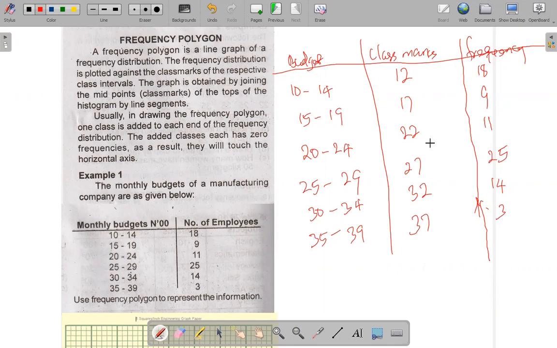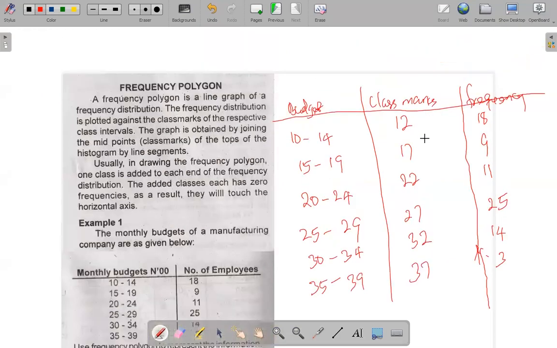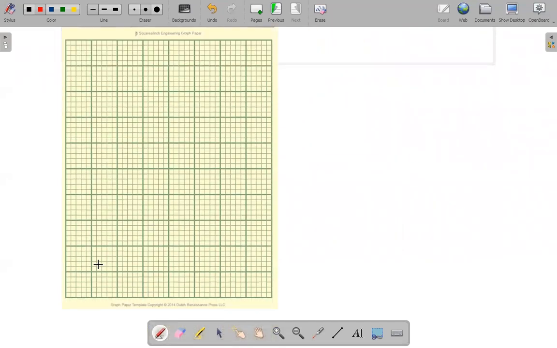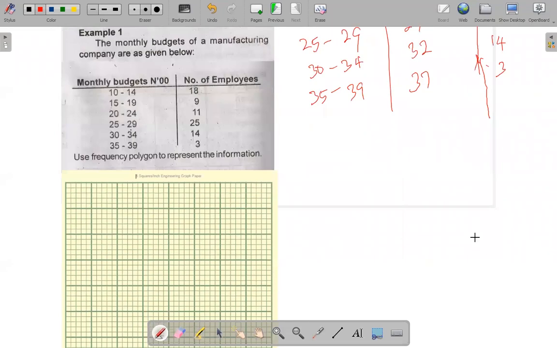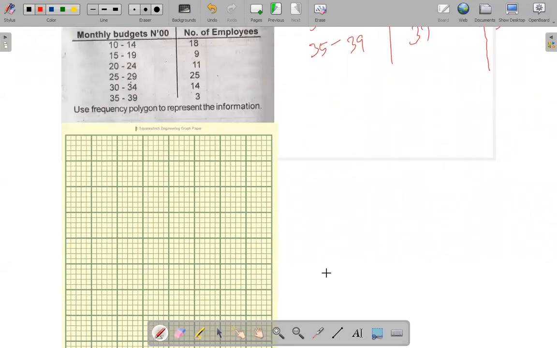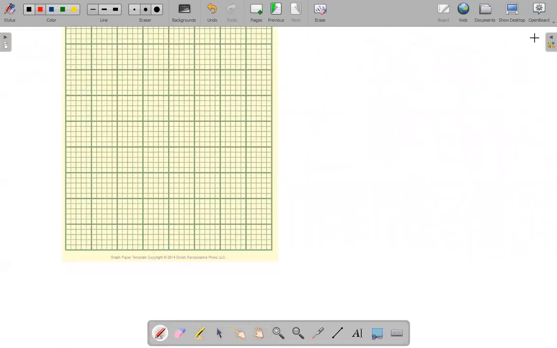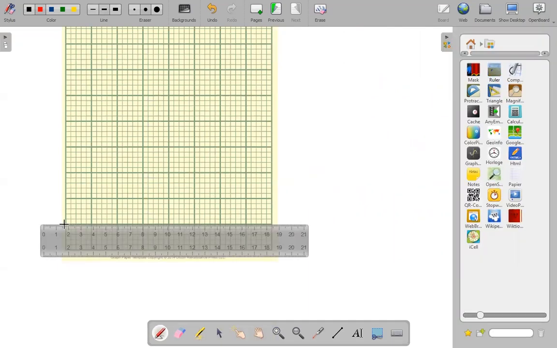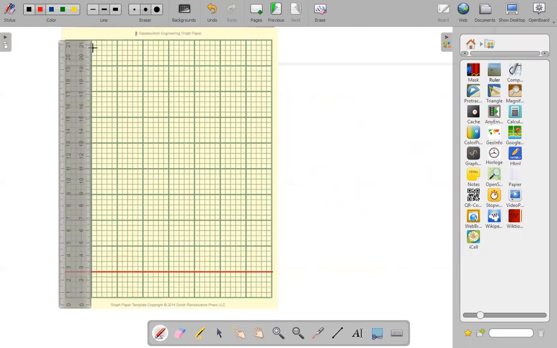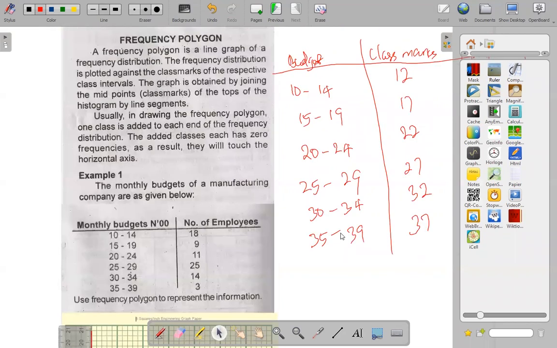Remember, in plotting a histogram from this table, the class marks will be on the horizontal axis, the x-axis, while the frequency will be on the vertical axis, or y-axis. So let's do that right away. With the y-axis and the x-axis drawn, let's look at the data.